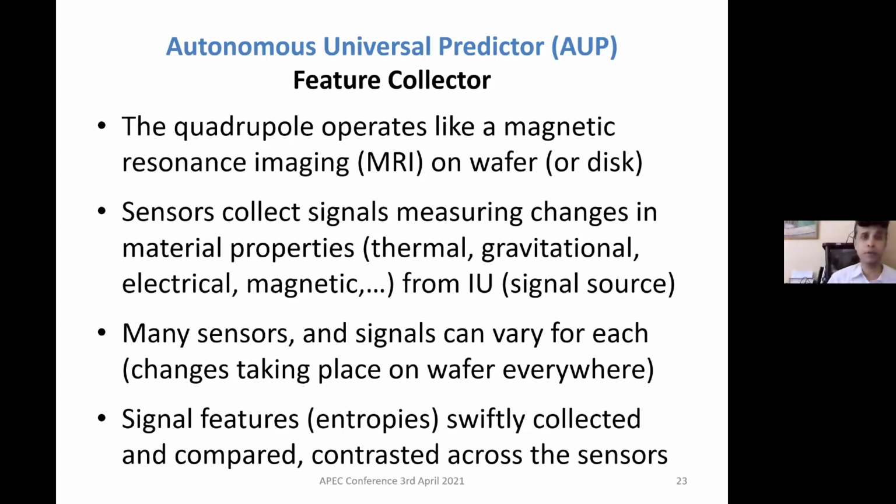So I don't let those things land. I'm not in the world of classical. I'm in the world of quantum. So when I say I'm getting the entropies and they're swiftly collected, I'm talking about entropies of the state space of these things flipping around. Then these are compared and contrasted across the sensors.